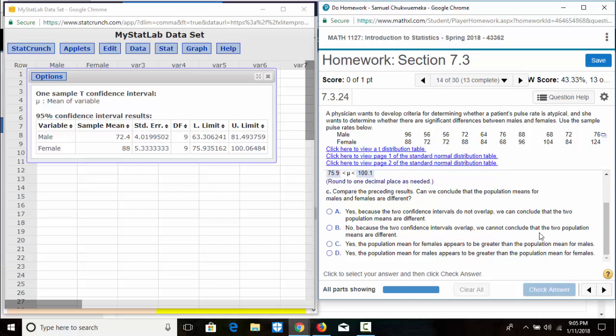We cannot conclude that the two population means are different. Yeah, B looks correct. B is the correct option. So we choose B. The confidence intervals overlap, and because of that, we cannot conclude that the two population means are different.